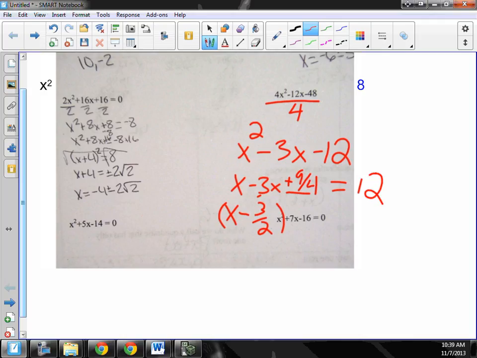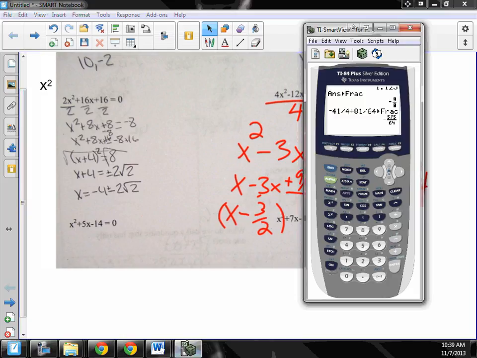Okay? So if I add 9/4 to one side, I want to add 9/4 to the other side, and I don't know what 12 plus 9/4 is, so I just use my calculator. 12 plus 9 over 4, and then I push the math button, and the first one in the math button says answer fraction.